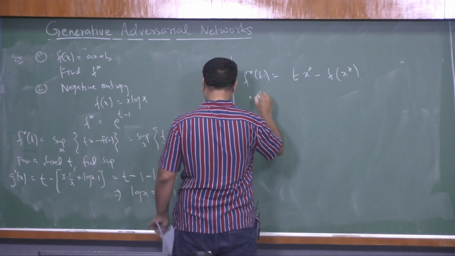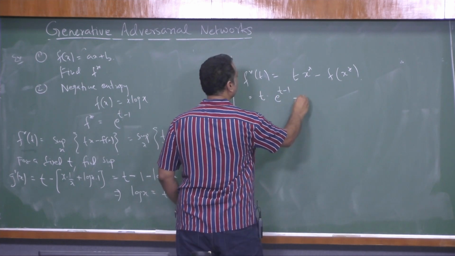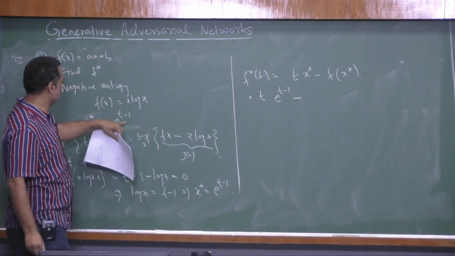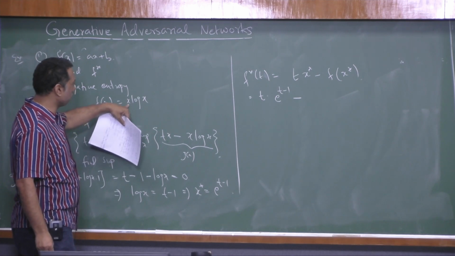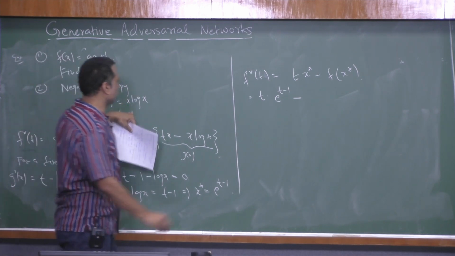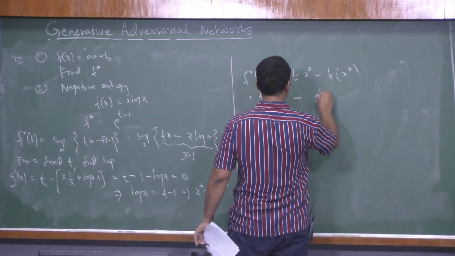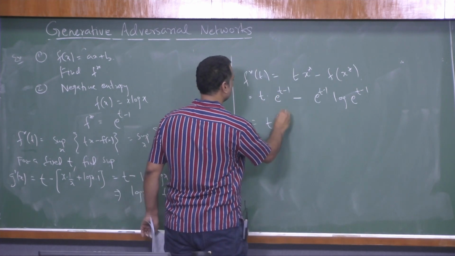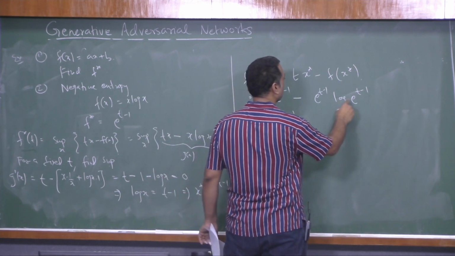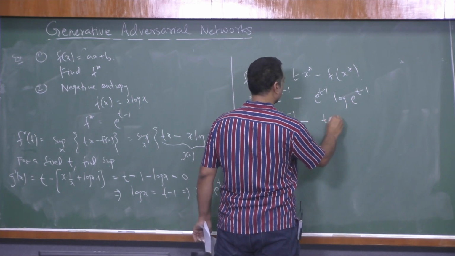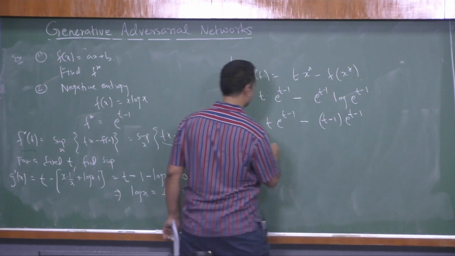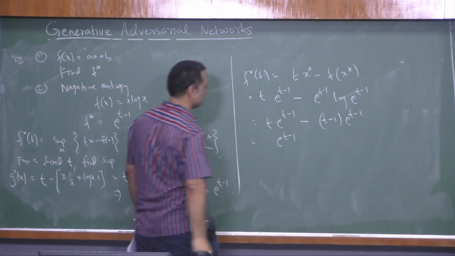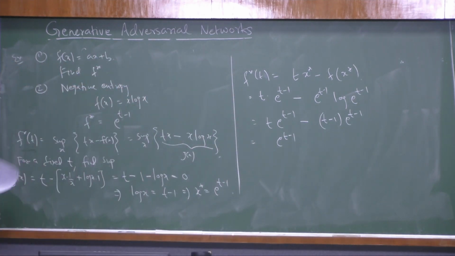This is t times e to the t minus 1, minus e to the t minus 1 times log of e to the t minus 1. The e gets cancelled, so this is t minus 1 times e to the t minus 1. So t e to the t minus 1 goes away, minus minus becomes plus. Now you can say this is your f star, which is e to the t minus 1.